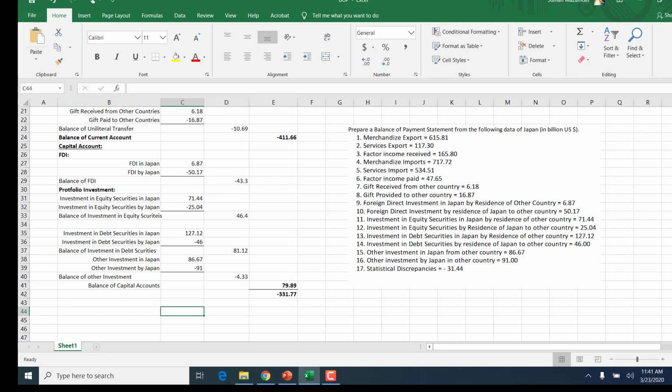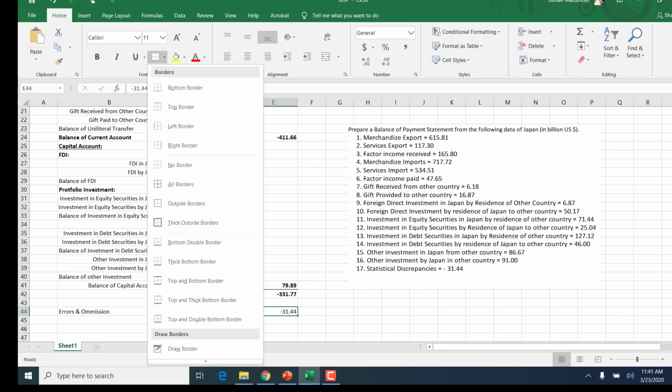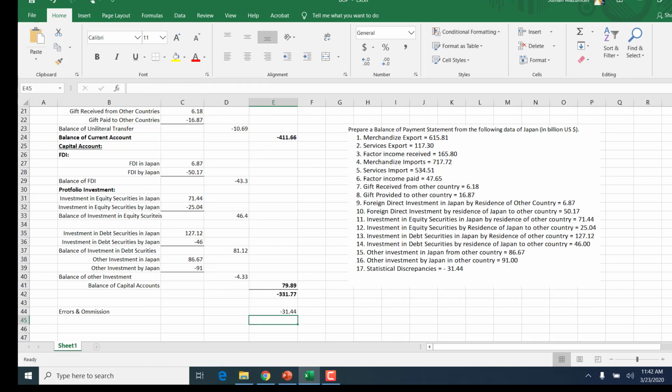Then keep a line blank, and errors and omissions, that is the statistical discrepancies in transaction number 17, we see minus 31.44, and the net balance will always be zero.